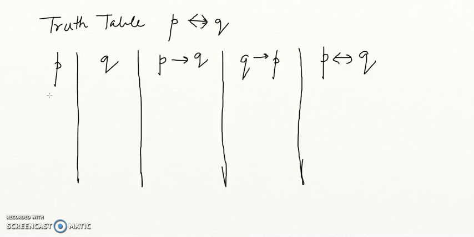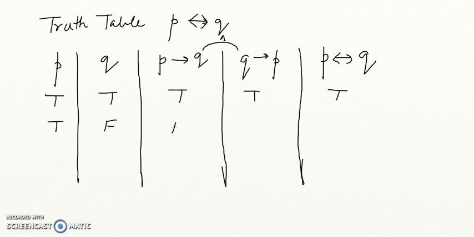Let's take P as true and Q as true. Then we know if P then Q is going to be true, and the reverse is also going to be true, and true and true. Note that you have to do this conjunction of these two statements, which means you need to connect them by the AND connective. So this is also going to be true. Let's say P is true and Q is false.